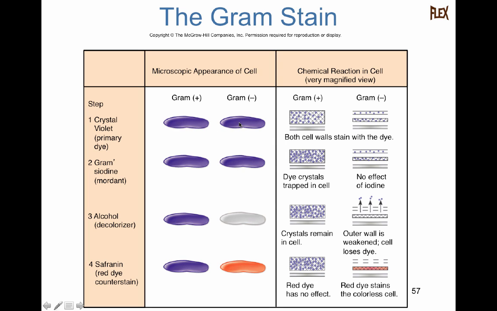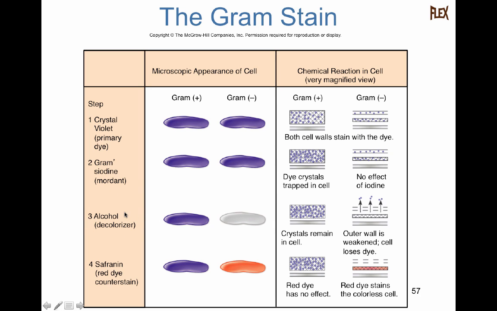So at this step, they are both purple. Now, second step, you're adding Gram's iodine, which is a mordant. A mordant basically creates a coordination complex between the dye and the cell. The dye will be trapped into the cell, and in this case you see here both still are purple.